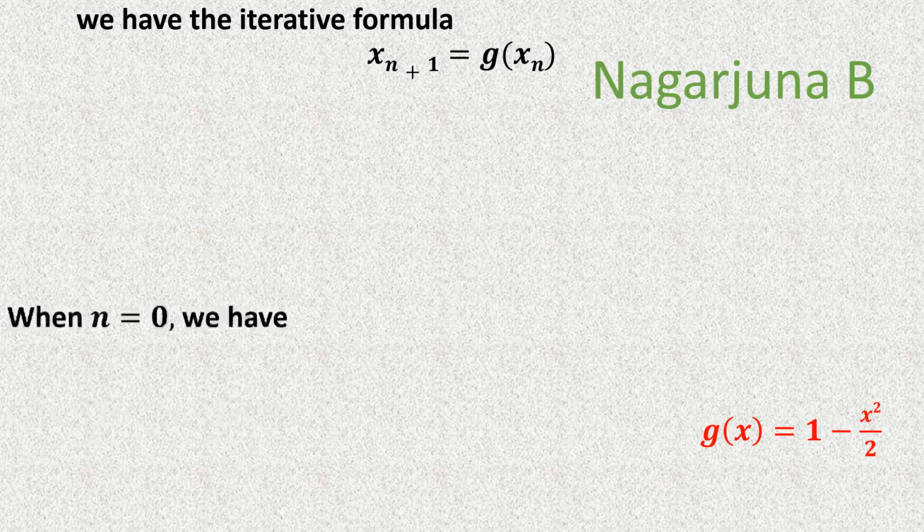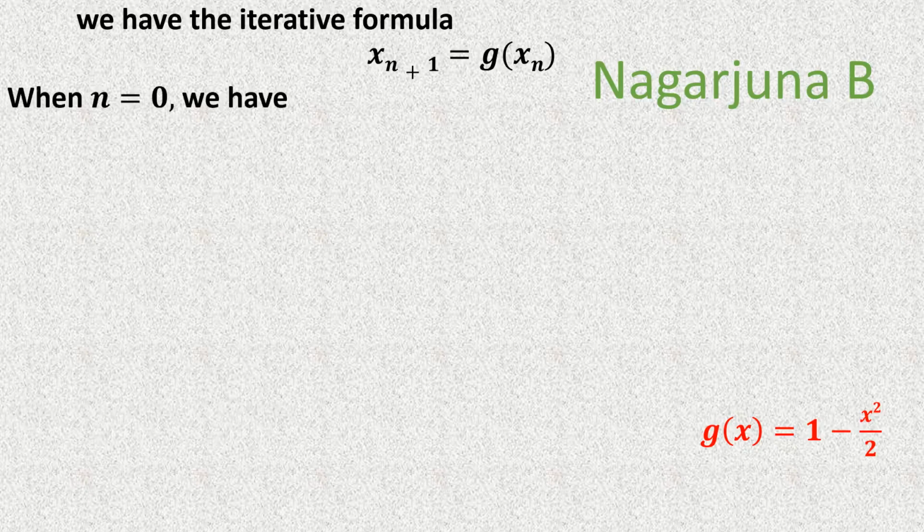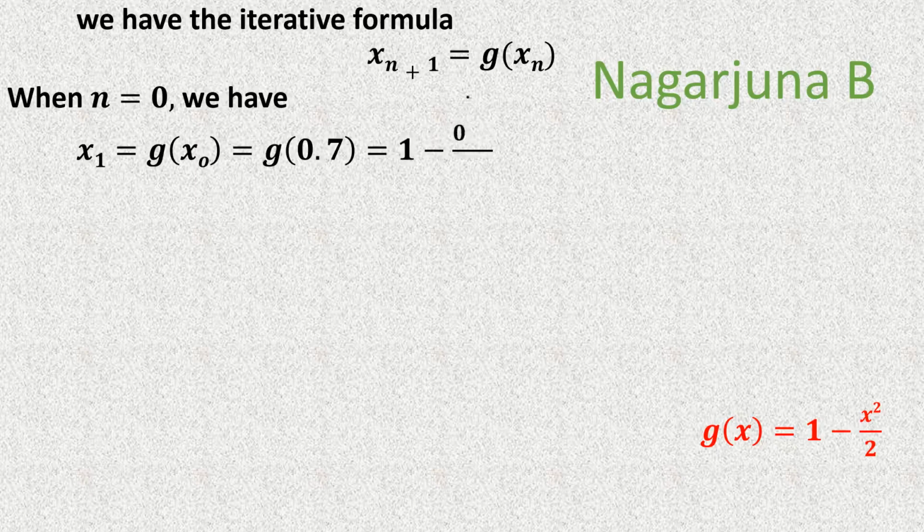So now when n equal to 0, we have x1 equal to g of x0 equal to g of 0.7 equal to 1 minus 0.7 squared divided by 2 equal to 0.755.